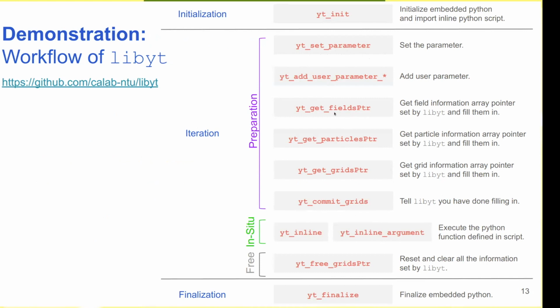What fields do you have, like density, momentum in x direction, and particles, and load the grid hierarchy. Basically you just load the information in the adaptive mesh refinement structure, and the work is done.